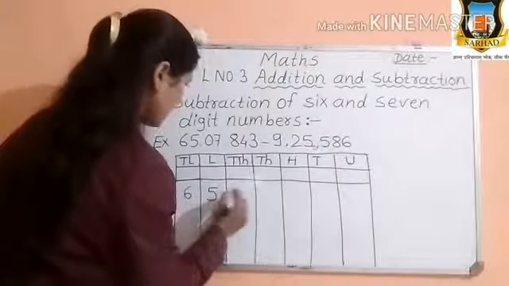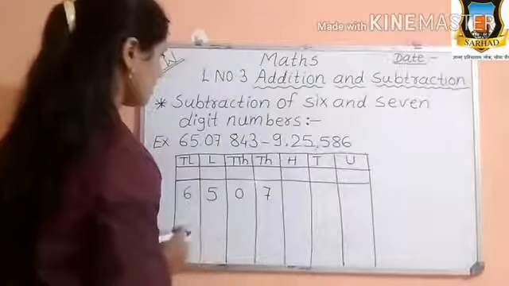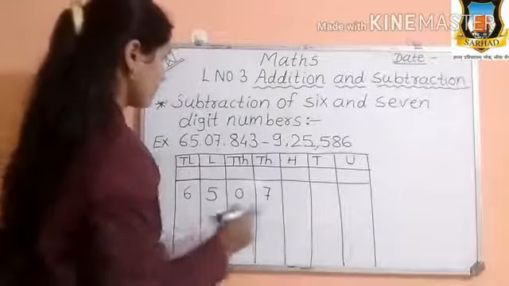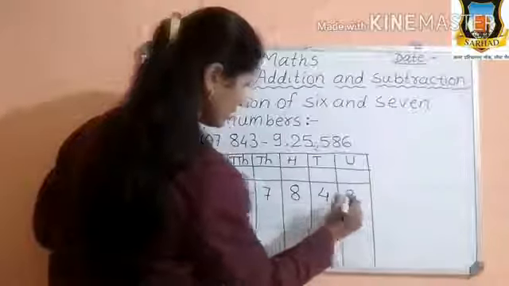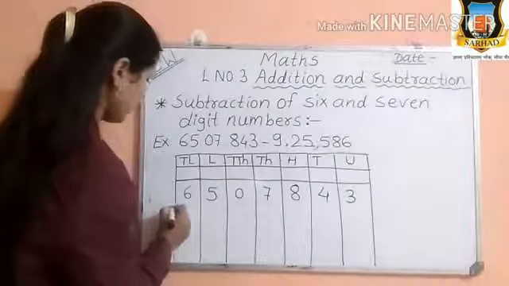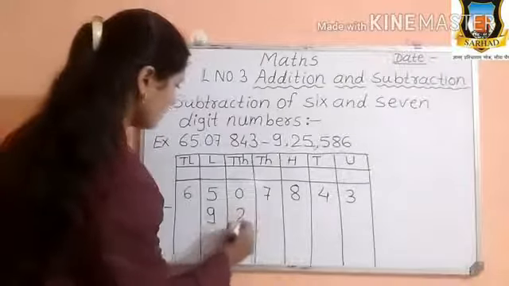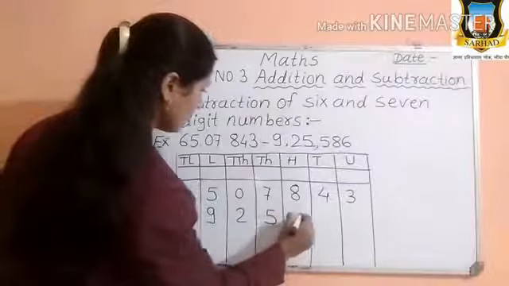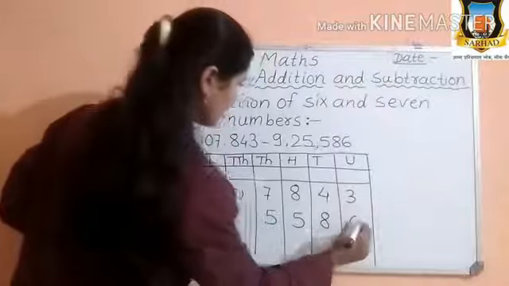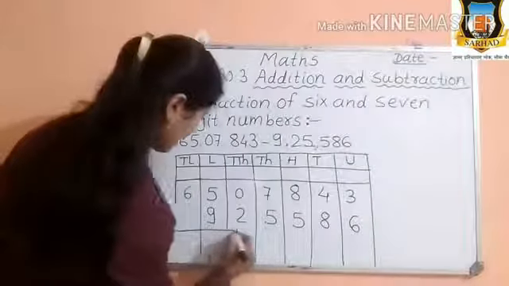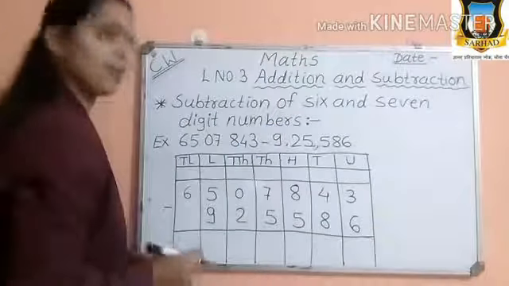Now see, 65 lakh 7,843 minus 9,25,586. Now we have to write the answer.